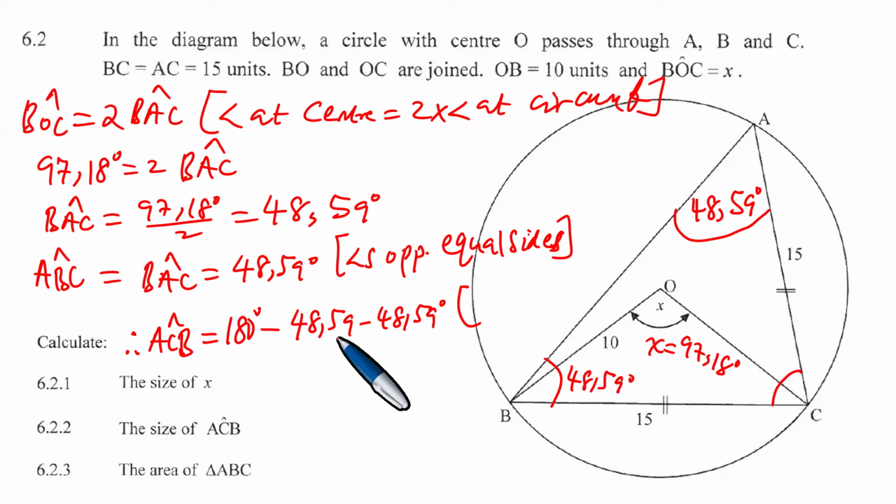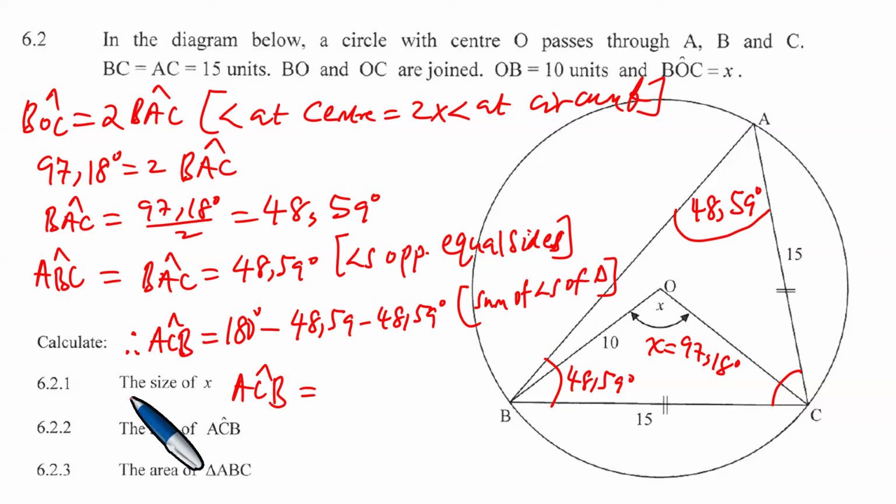The reason for this is the sum of angles of a triangle. And therefore ACB is equal to 180 degrees minus that, and this is exactly 82.82 degrees, which is the size of the angle ACB.